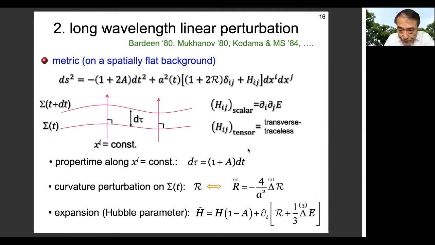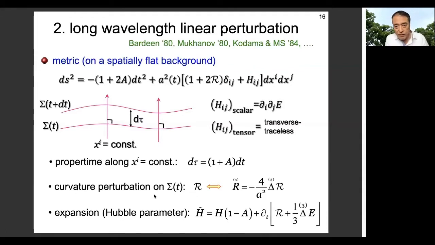So the most important component comes from the scalar longitudinal part of the metric perturbation. Because this is a potential for the three-dimensional curvature on this constant-time three-dimensional space, this is the reason why we call curly R the curvature perturbation.